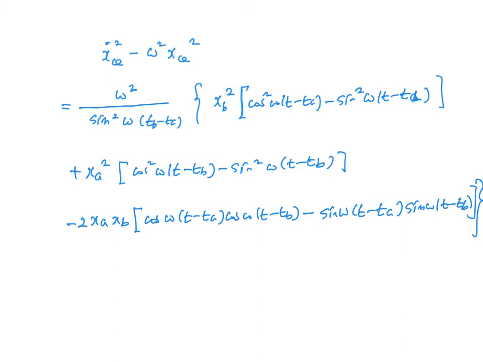And we need to integrate. So we need to integrate from ta to tb x classical dot squared minus omega squared x classical squared dt.